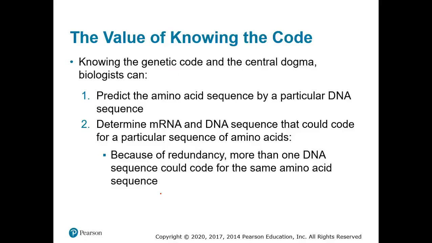So imagine if you had a protein, you could kind of reverse engineer that protein and generally figure out what the DNA sequence looks like that made it. However, because of redundancy, you're going to get a little bit of ambiguity because more than one sequence could code for the same amino acid sequence.